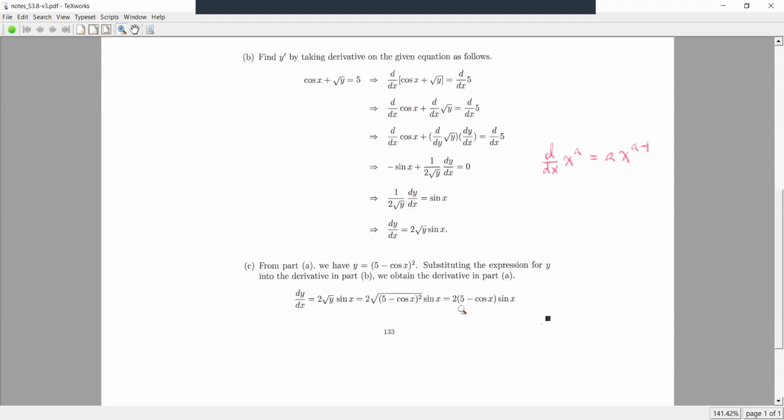This is the derivative obtained in part A. So, derivative in part B is equal to the derivative obtained in part A. So the results in part A and part B are consistent.